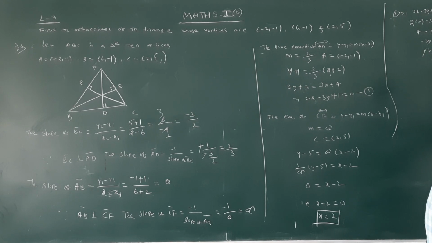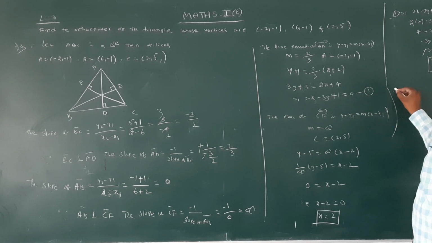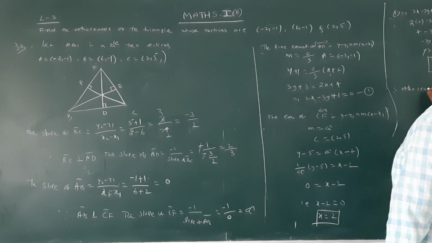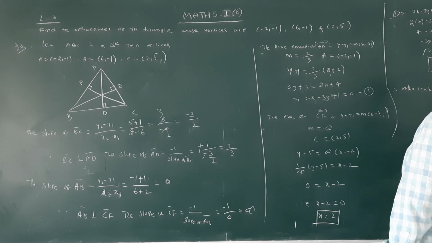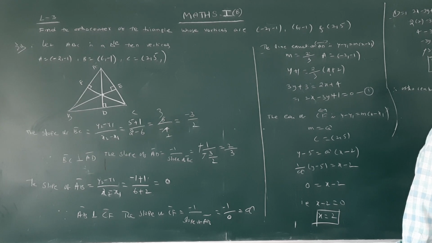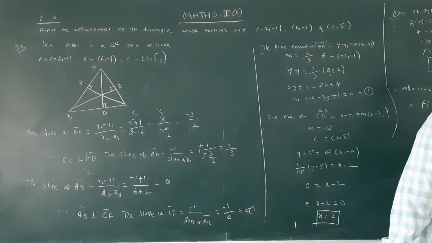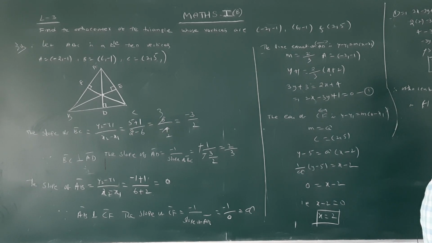Y is equal to 5 by 3. Minus minus cancels. Therefore, the orthocenter of the triangle ABC is H is equal to (2, 5 by 3).